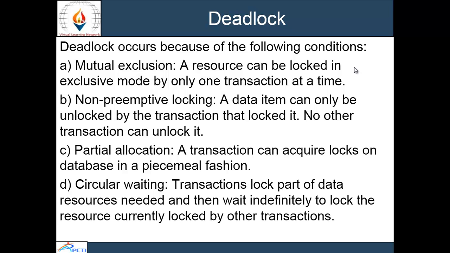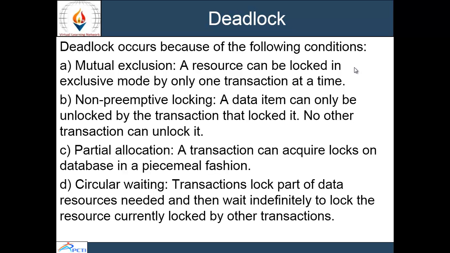So this is a cause of deadlock. The next is non-preemptive scheduling, that is a data item can only be unlocked by the transaction that locked it, and no other transaction can unlock it, due to which the other transaction that wants to use that particular resource has to wait for it.